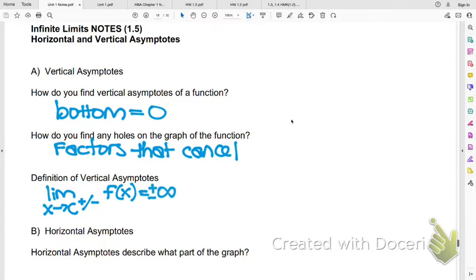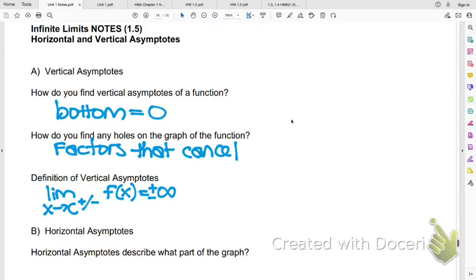So what this means in English is basically any time I'm finding a limit from the left and the right and it goes to infinity or negative infinity, it's always a vertical asymptote, right? We can make that correlation. Nowhere else are you going to get a limit that equals positive or negative infinity.